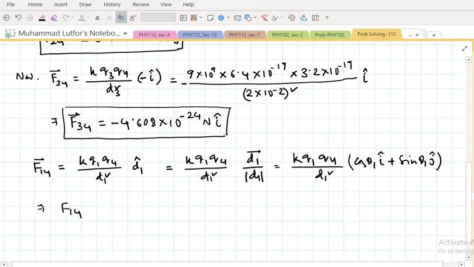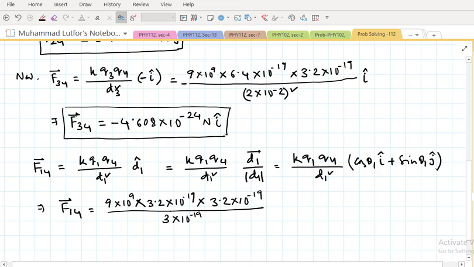So F14 in that case is 9 into 10 to the power 9, Q1 is 3.2 into 10 to the power minus 19, into Q4, which is also 3.2 into 10 to the power minus 19, divided by d1 square. d1 is 3 centimeter, 3 into 10 to the power minus 2, square, into cos 35, because theta 1 is 35, I hat plus sin 35 Z hat.